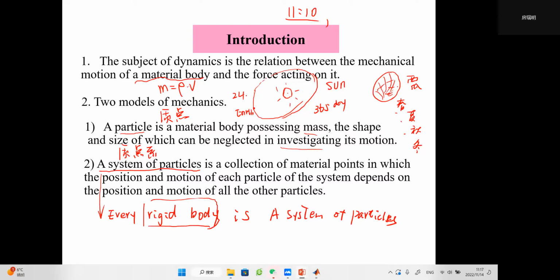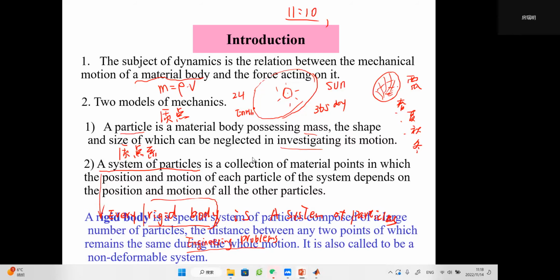But when we are studying a normal engineering problem, then we should treat the whole body as a system of particles. So I hope you guys have a basic impression here, before we learn something new.